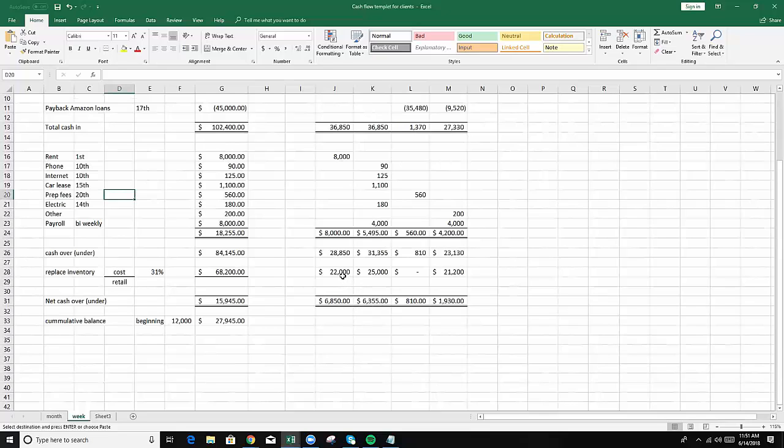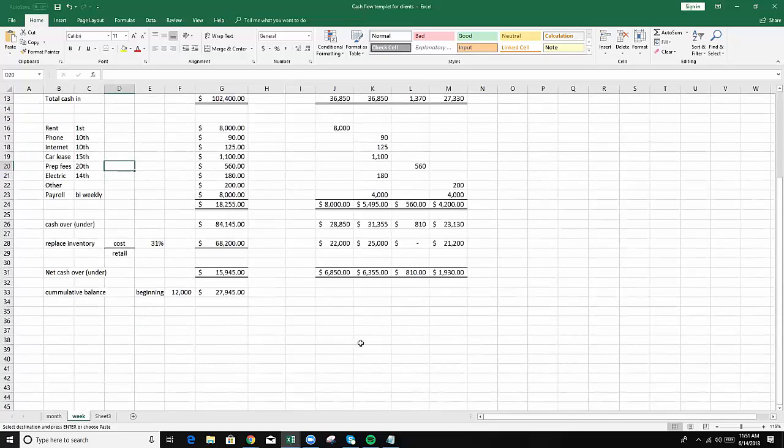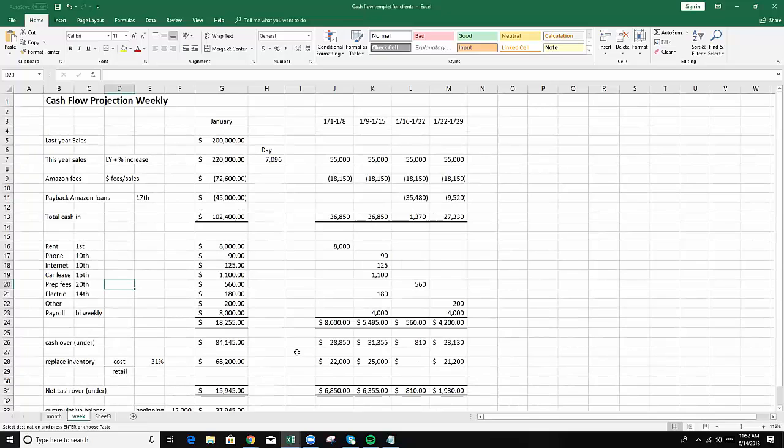See, I bought 22,000 in this week. I bought 25,000 in this week. I didn't buy any in this week, and I bought 21 here. So that means you can time the purchase of the inventory based on when you're going to have the cash. Assuming that we're on a cash basis and we're not using credit cards, which you're going to pay for 30 days later. So that's the cash flow.